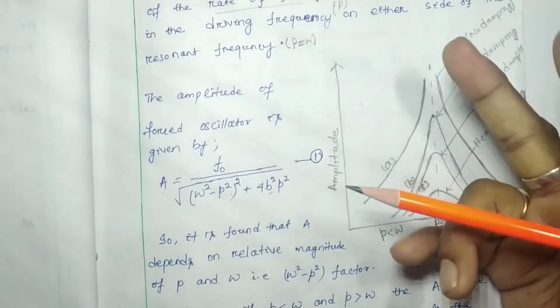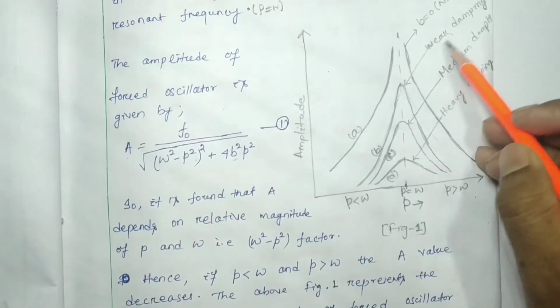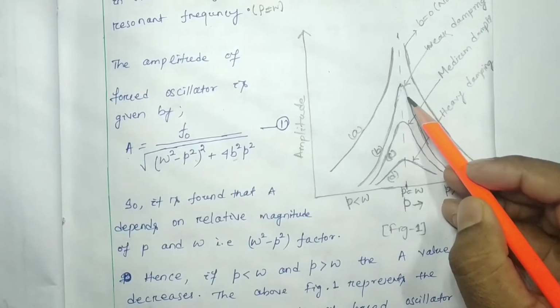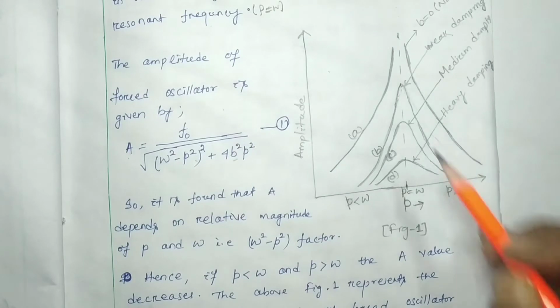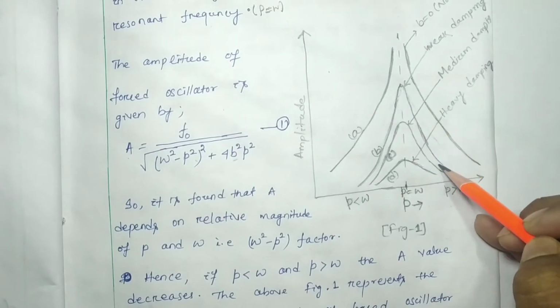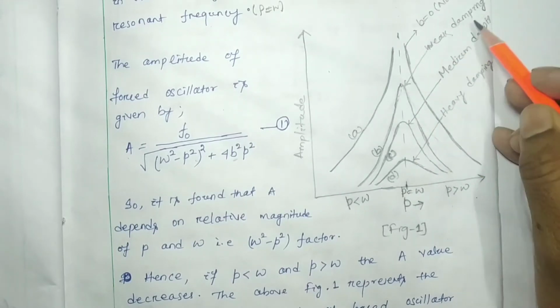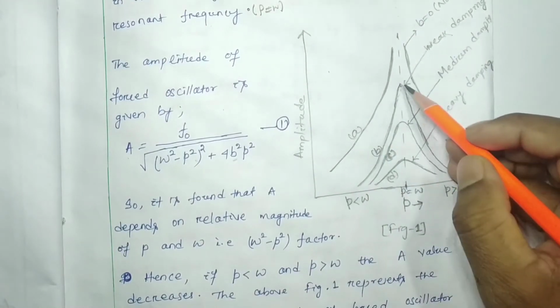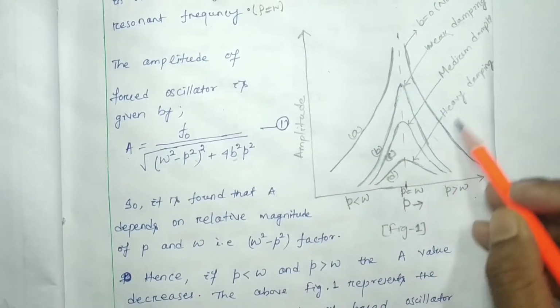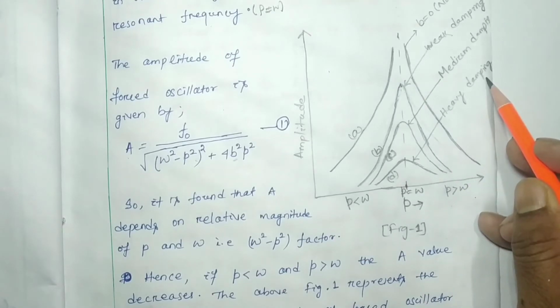So here we observed two points. For weak damping, the rate of decrease of amplitude is faster, and the maximum amplitude at resonant frequency is also higher as compared with the heavy damping case.